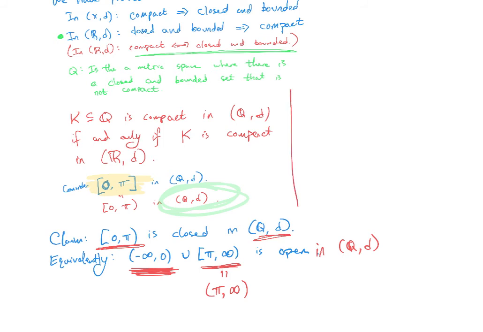We have shown that 0 to pi is closed and bounded in the rationals. Is it compact there?